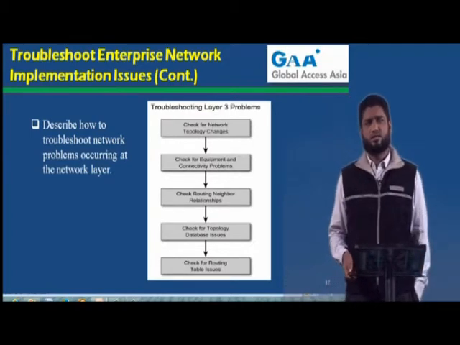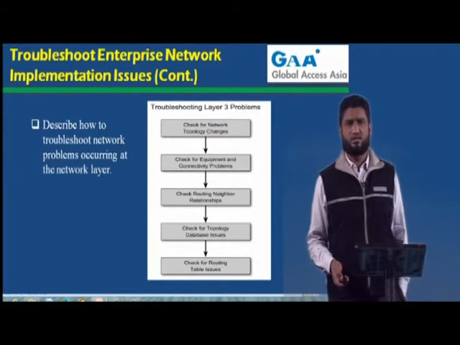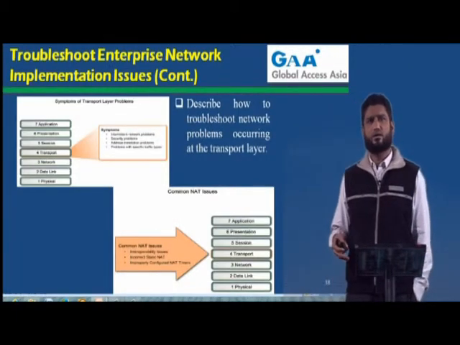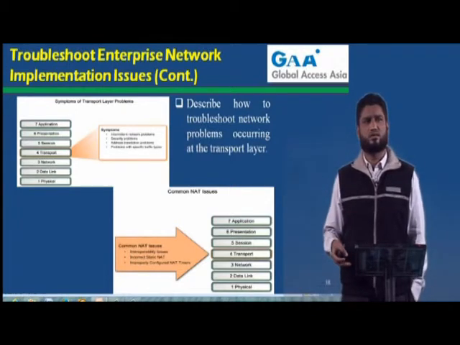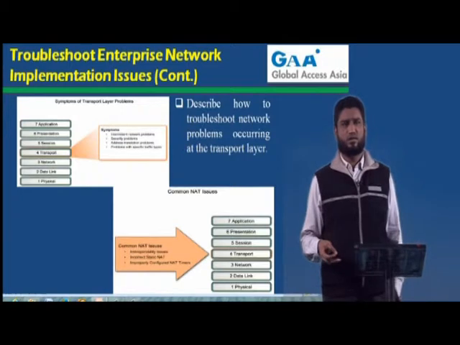And students, you are requested to go into details from the books or other references for this part. Also, if troubleshooting network problems occur at the transport layer, the symptoms and issues are also described here.